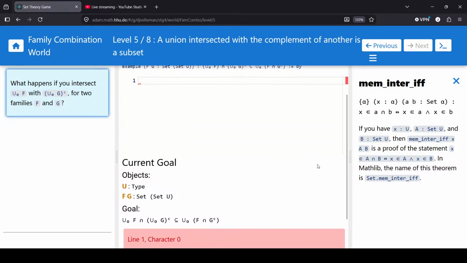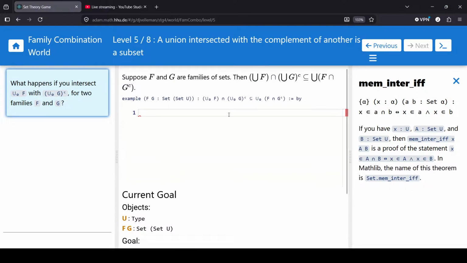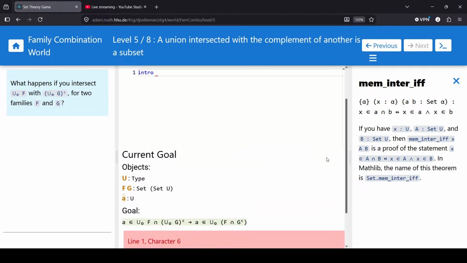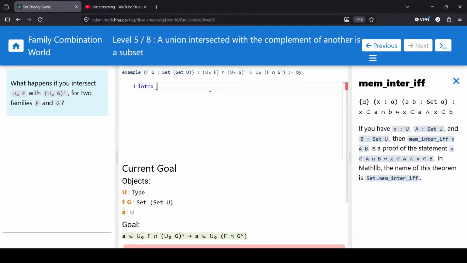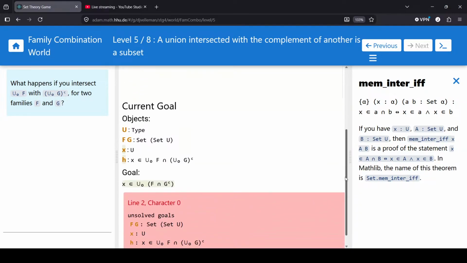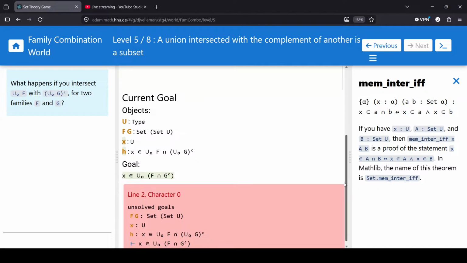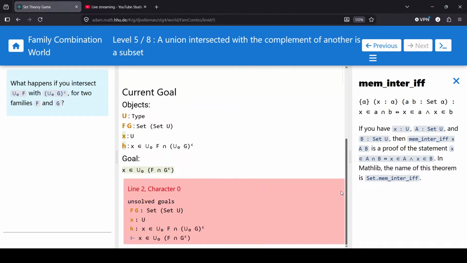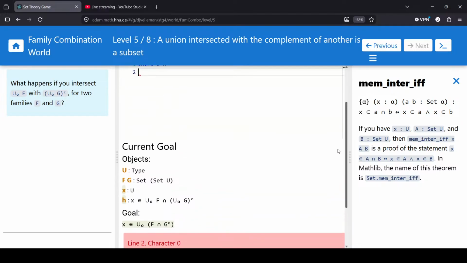So here's our goal. Once again, we're starting with a subset. And then we want to do what? XH. All right. So X is in that thing.